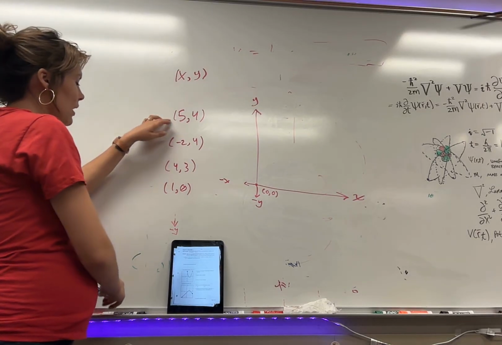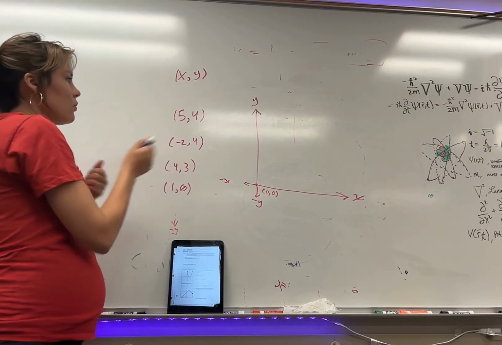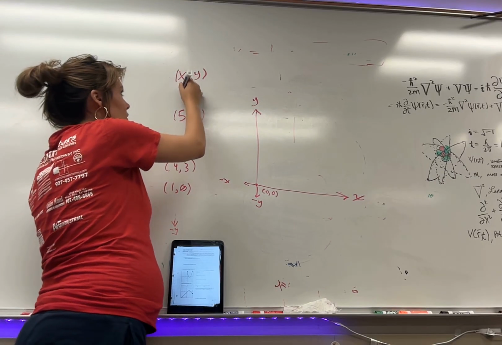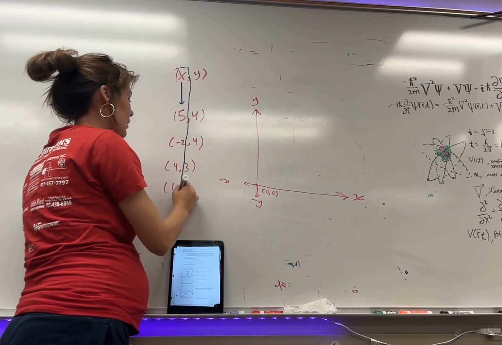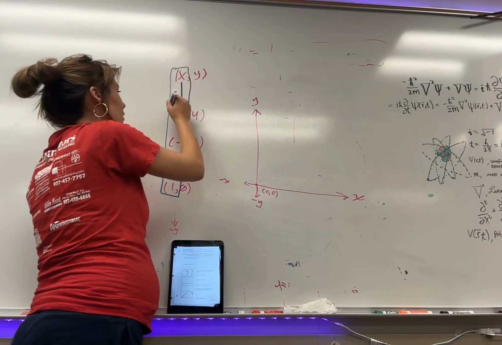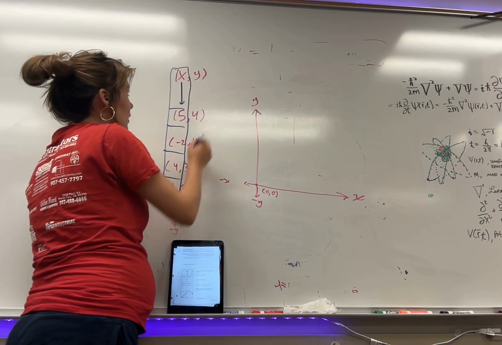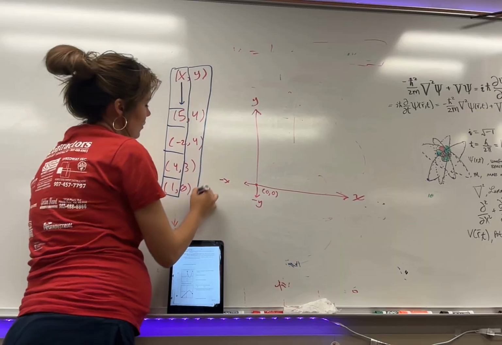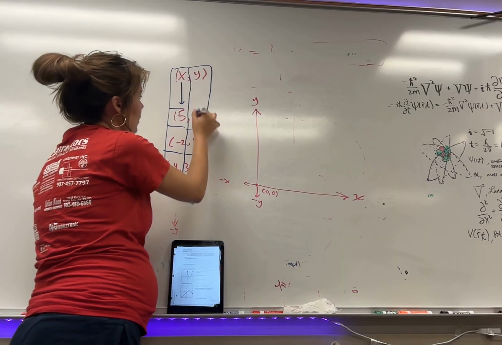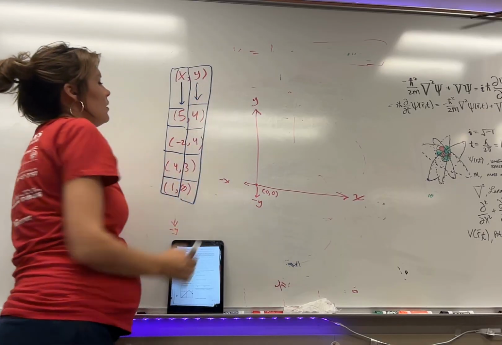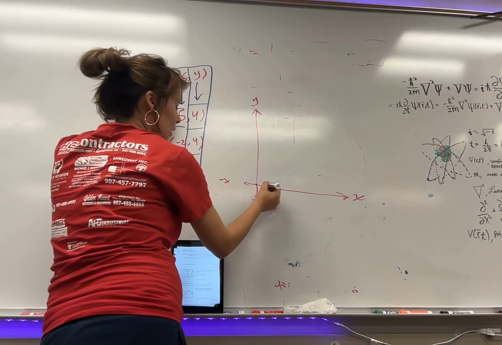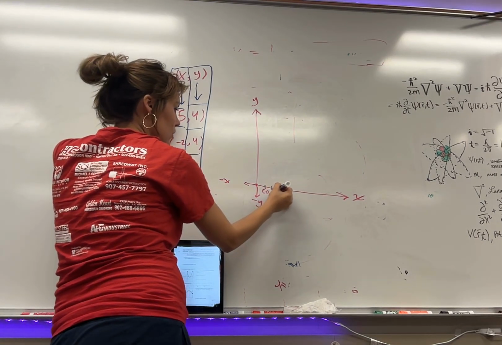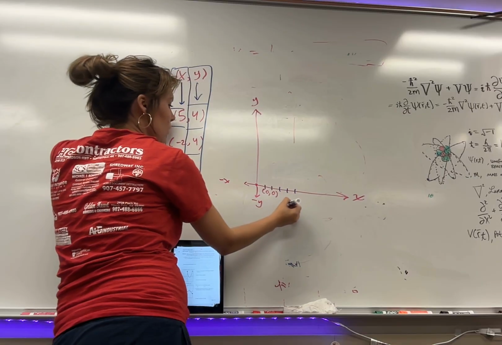First of all, we have a point at x equals 5, because these are all of our x values, and these are all of our y values. Let's draw this: 1, 2, 3, 4, 5.